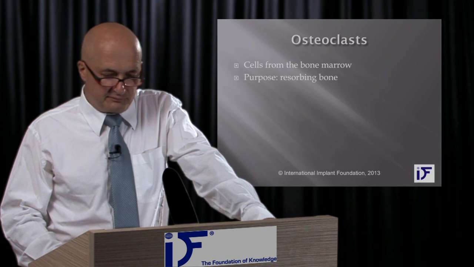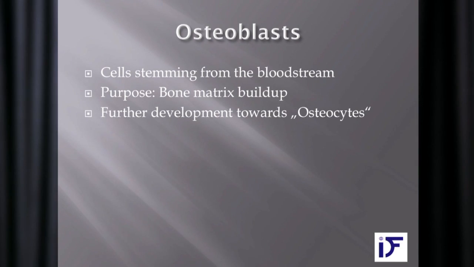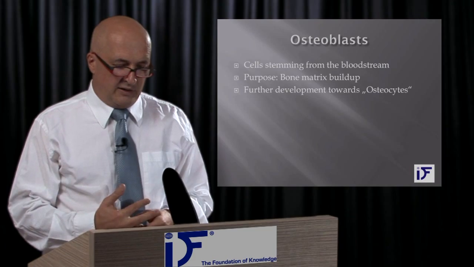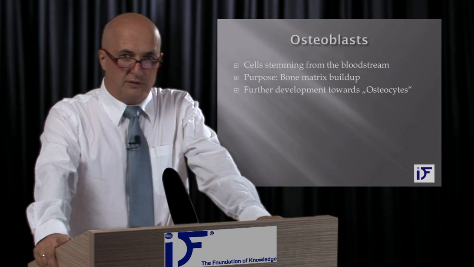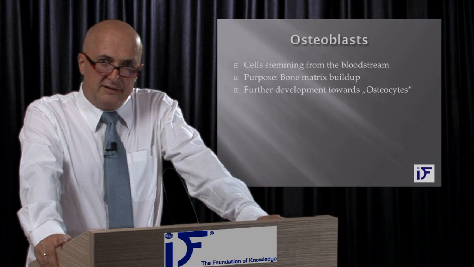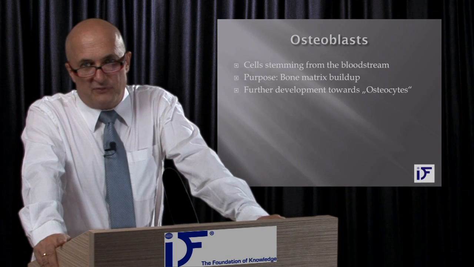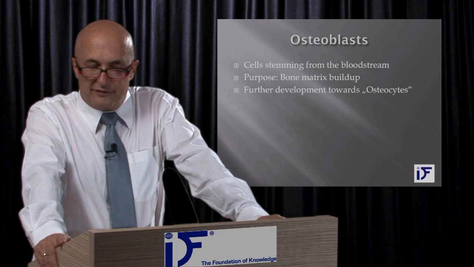Now, osteoblasts stem from the bloodstream, so they don't come directly out of the bone. The purpose of the osteoblasts is to build up bone matrix, and they then develop further into osteocytes. It's important to understand that osteoblasts always stem from the bloodstream, while osteoclasts, the bone resorbing cells, stem from the bone itself.